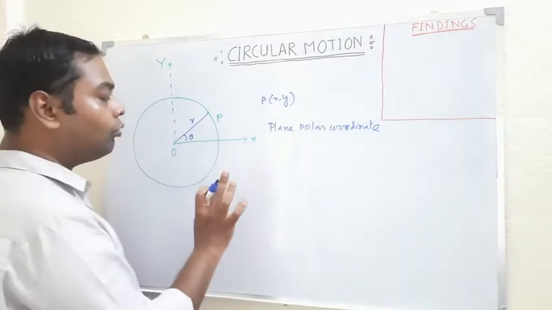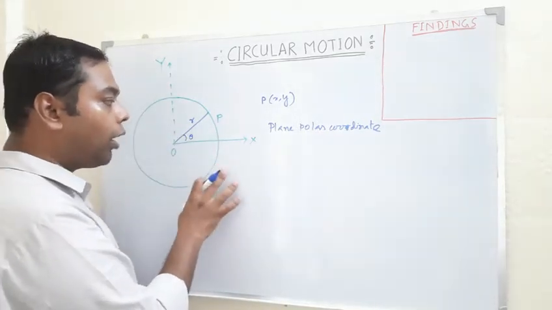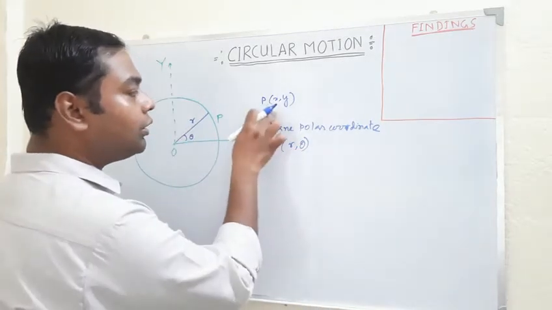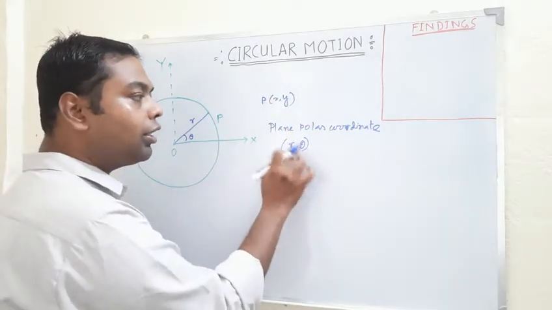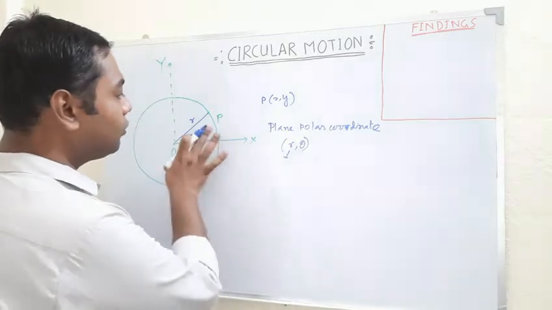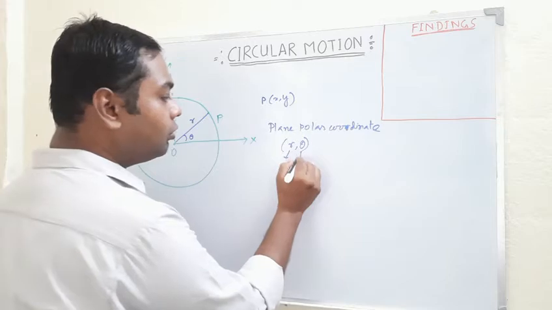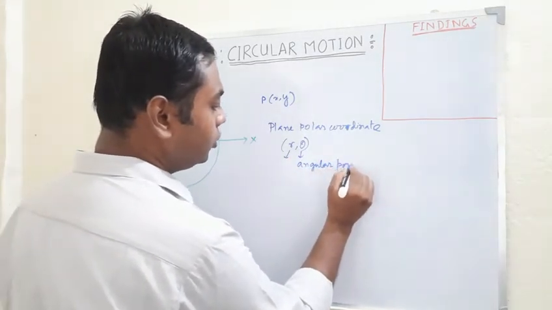So the variables to describe the motion in a circular path are r and theta. Just as we needed x and y in Cartesian coordinates, we need r and theta in plane polar coordinates. So r is the radius of the circular path, and theta is called the angular position.